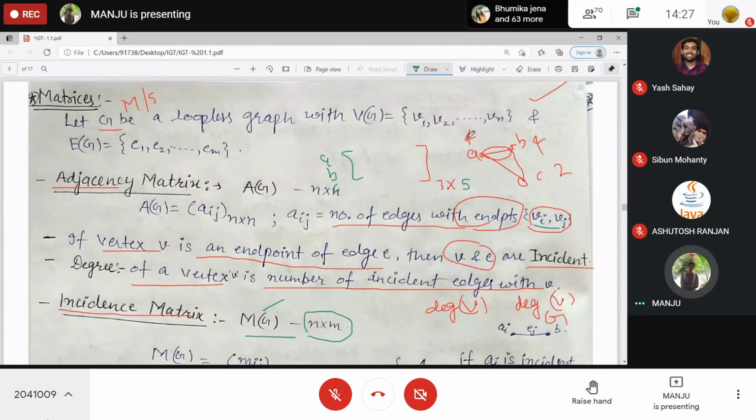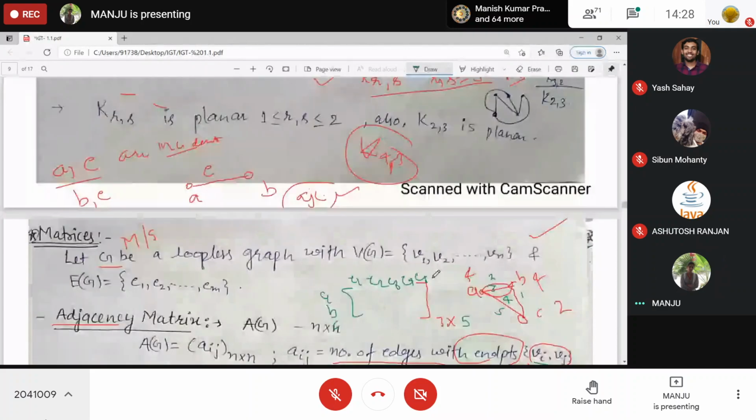Here you can write the edges: E1, E2, E3, E4, E5. Clear? Got it?